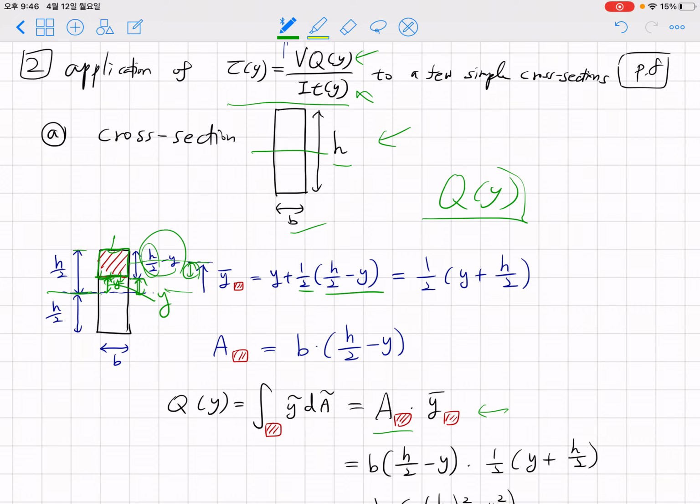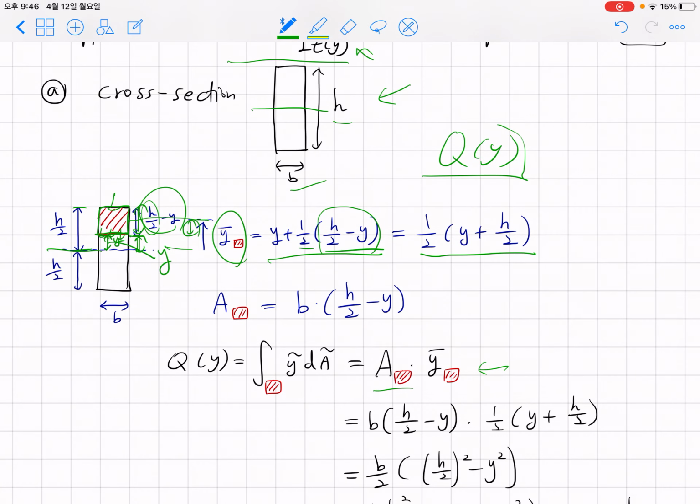This is the height of this red block. So the centroid location for this red rectangle is by doing this summation, 1/2 multiplied by y plus h/2.